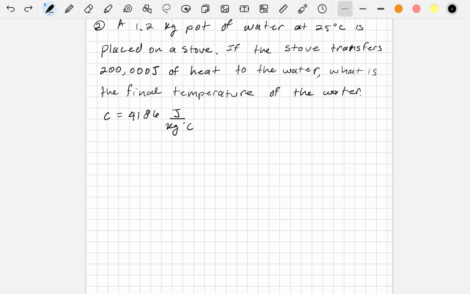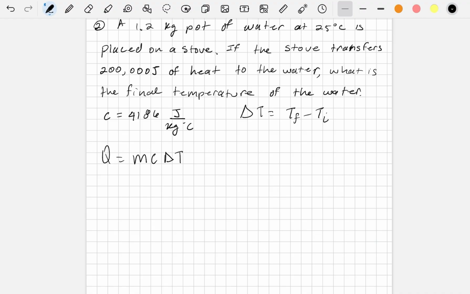Keep in mind that we know that delta T is equal to the final temperature minus the initial temperature. So in this case, this is nothing but an algebra problem. Okay, we know that Q is equal to mc delta T. Again, m is for mass, c is for specific heat, and delta T is the difference in temperature.